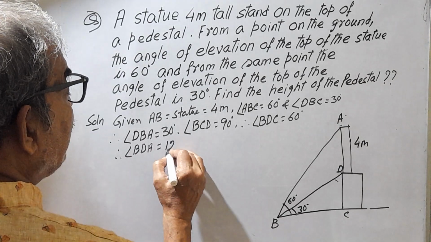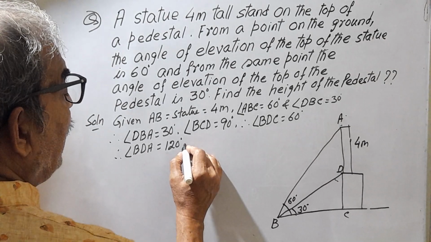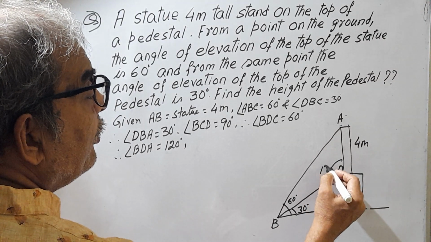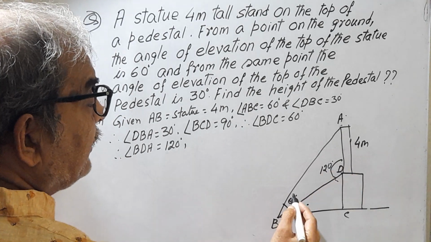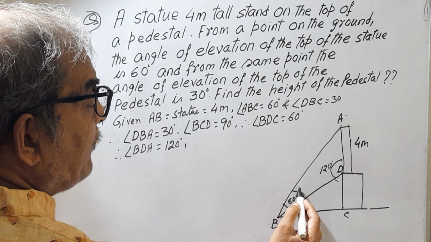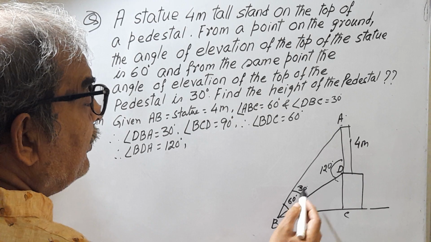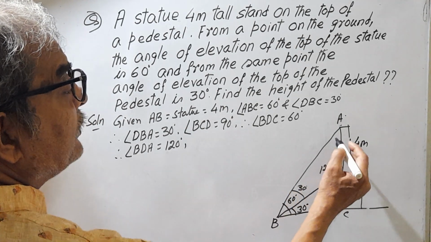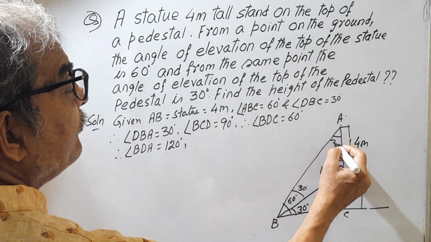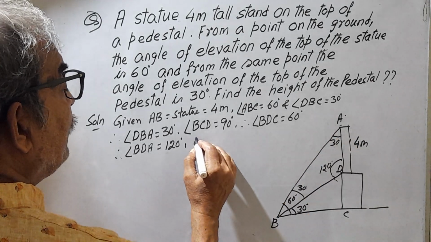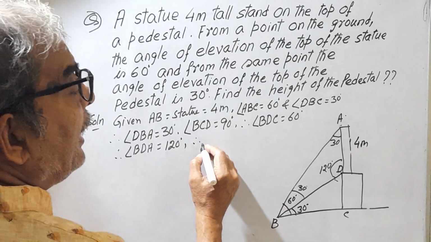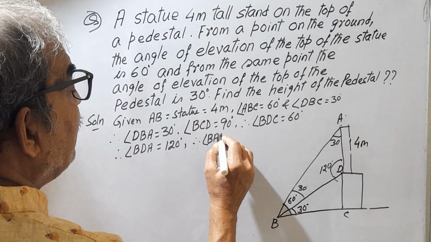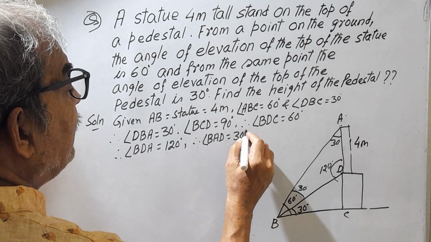So therefore angle BDA equal to 120 degrees. Now ये जब 120 degrees हो गया, ये वाला 30 degrees है. तो 30 plus 120 is 150, plus this will be the 30 degrees. Therefore angle BAD equal to 30 degrees.